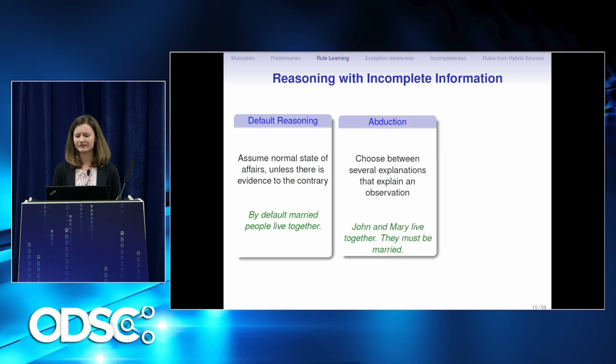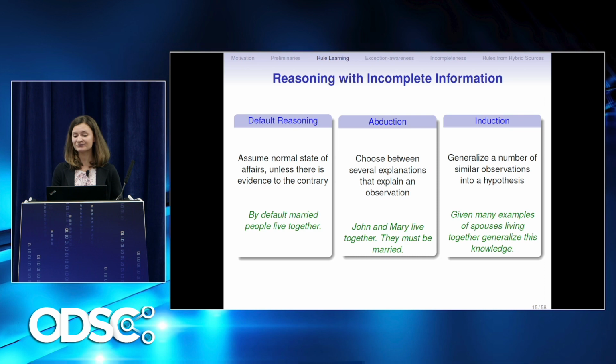There is so-called abductive reasoning, which states: choose between several explanations that can explain a certain hypothesis, choose the most likely one. So for instance, we observe John and Mary live together. As an explanation for that, we might state they must probably be married. So this is the second way of reasoning.